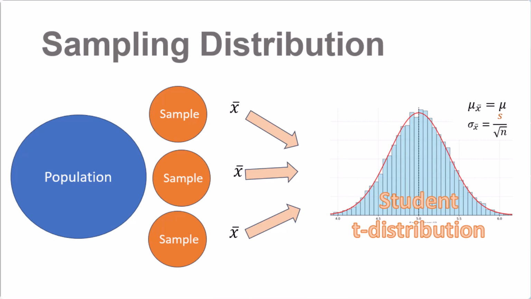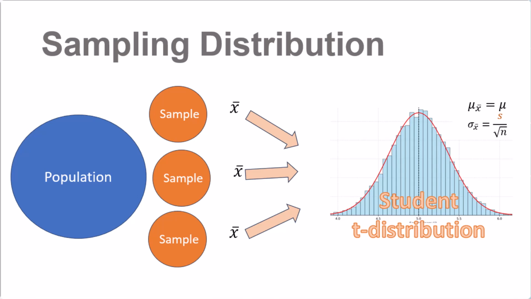This distribution looks a lot like the normal distribution. There's actually many different t distributions because it depends upon the sample size that you're dealing with. But it has a similar shape to the normal distribution. It has a central peak, it's symmetric on both sides, and it tapers off on each end.